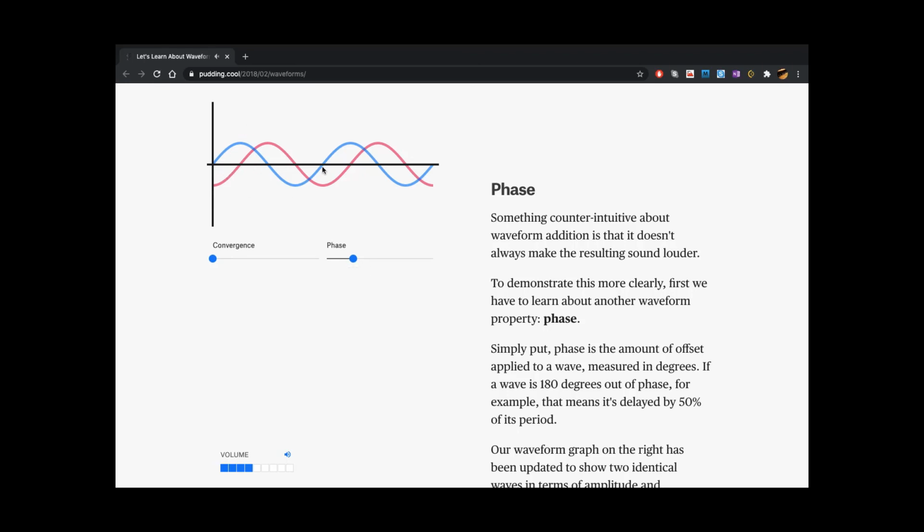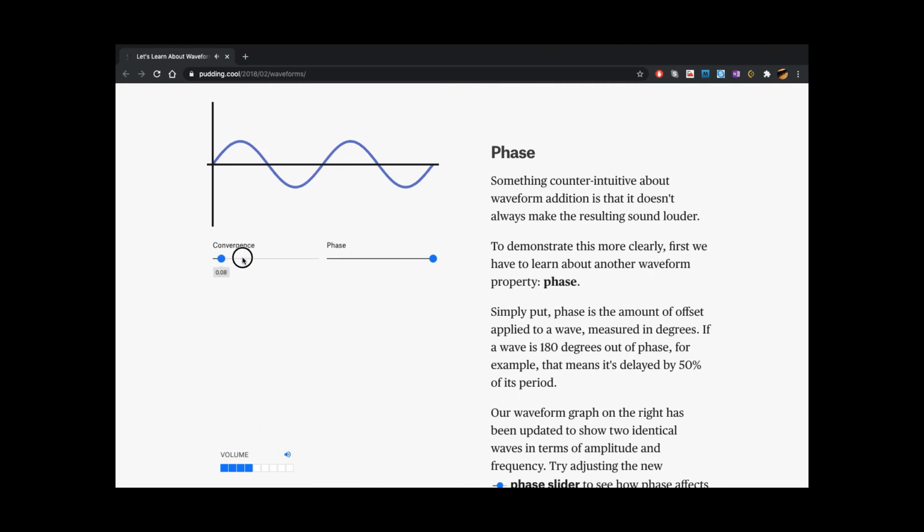One cycle is 360 degrees or 2 pi, but 1/4 of a cycle is 90 degrees, half of the cycle is 180 degrees. So it's a half cycle shift. And if I shift the cycle by 3/4, or I can shift it by 360, which means I shift it by 1 complete cycle.